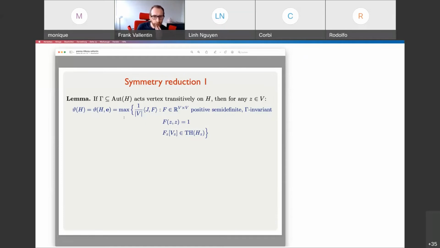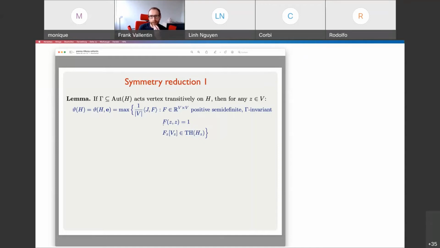So what I want to do is maximize the trace inner product between J and F, where I have a normalization factor of 1 divided by the number of vertices. Then F should be a positive semi-definite matrix, which should be gamma invariant. So simultaneous operation in rows and columns by gamma should leave F invariant.